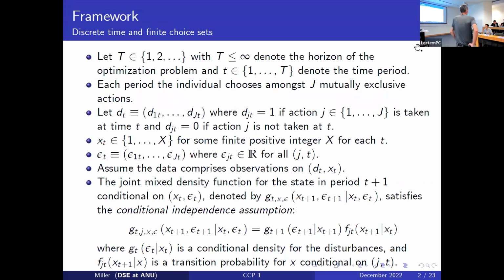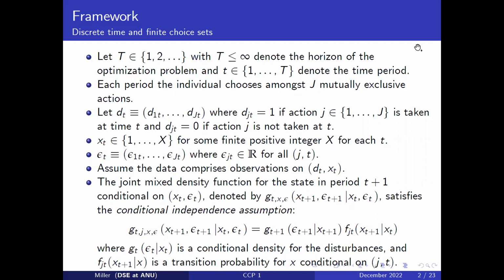So here's the framework that we'll be using in this lecture, and it's almost identical to what you've already been looking at. Discrete time, either infinite horizon or finite, choosing between capital J different kinds of choices each period.